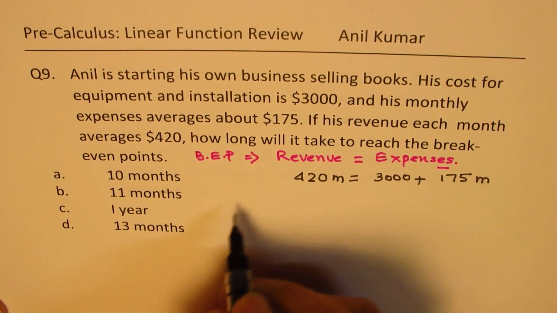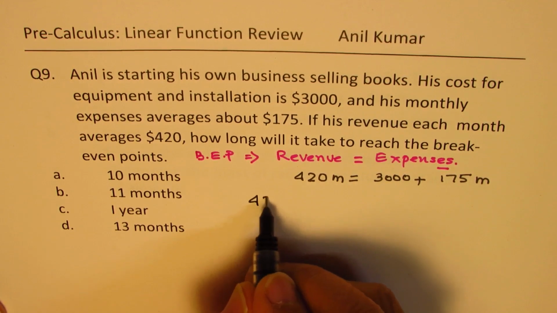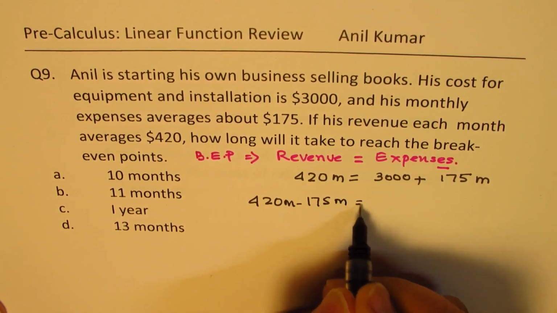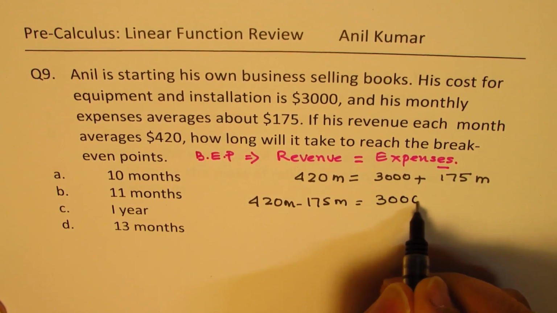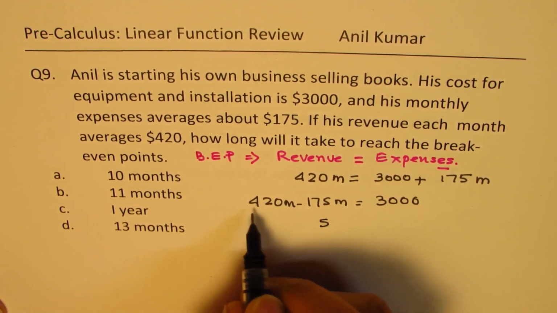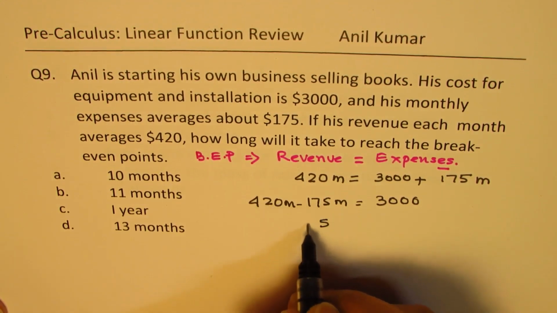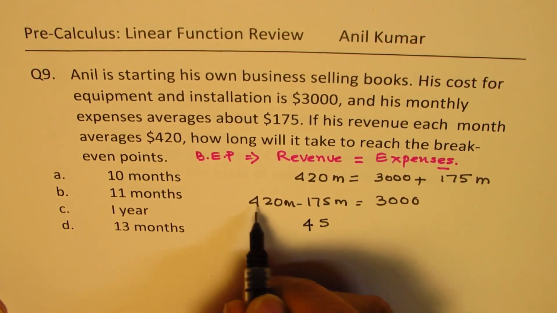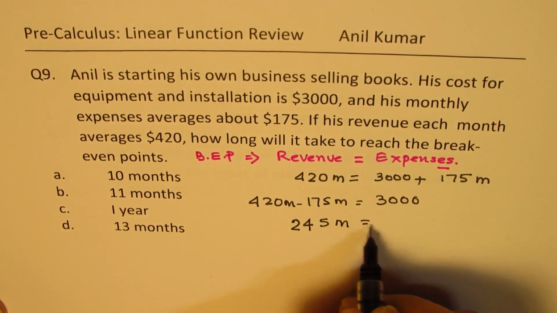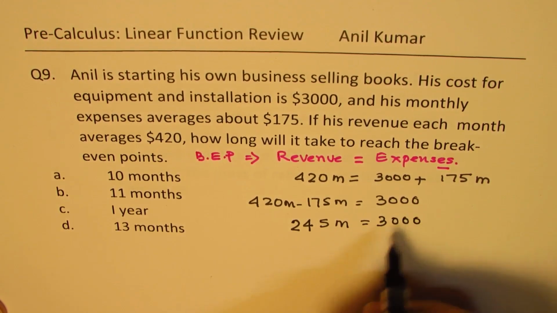To solve this, let's take 175M to the left side. So we get 420M minus 175M equals 3000, right? So which is 5, from 11 it'll be 4, right? And from 3, it'll be 2. So when you take away, that's what you get.